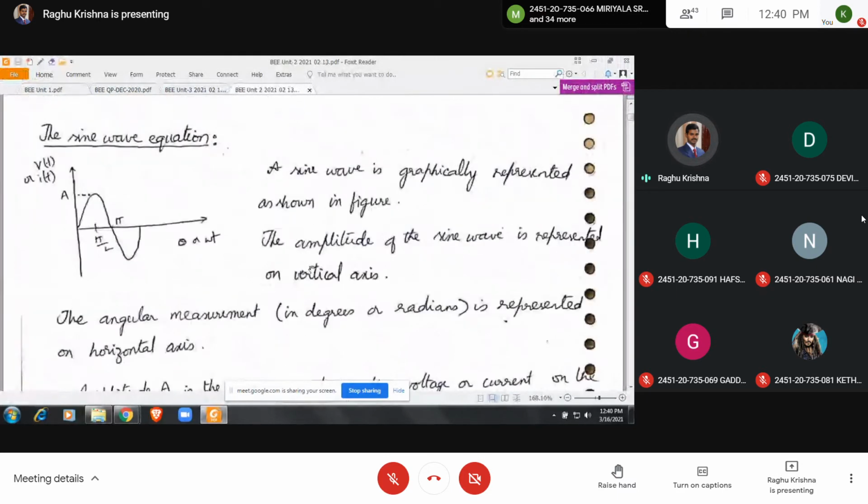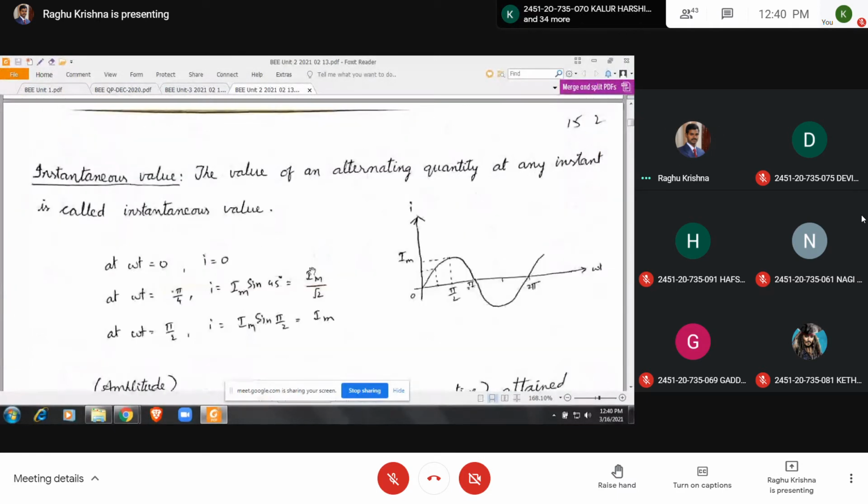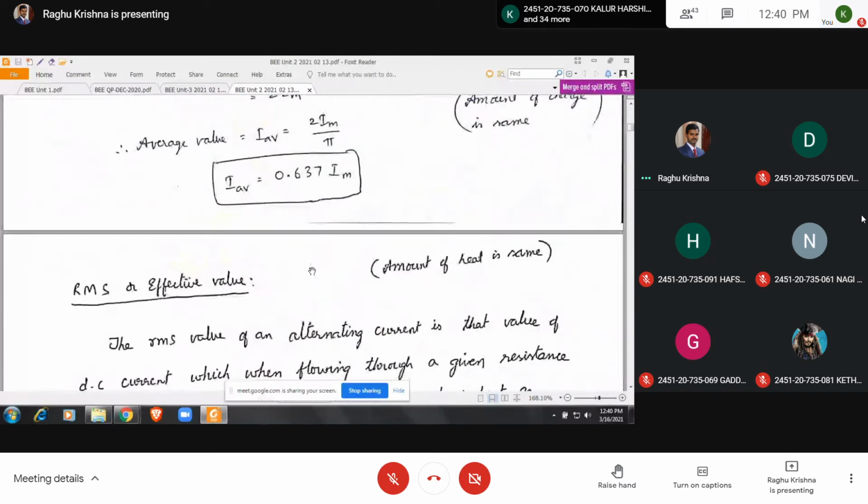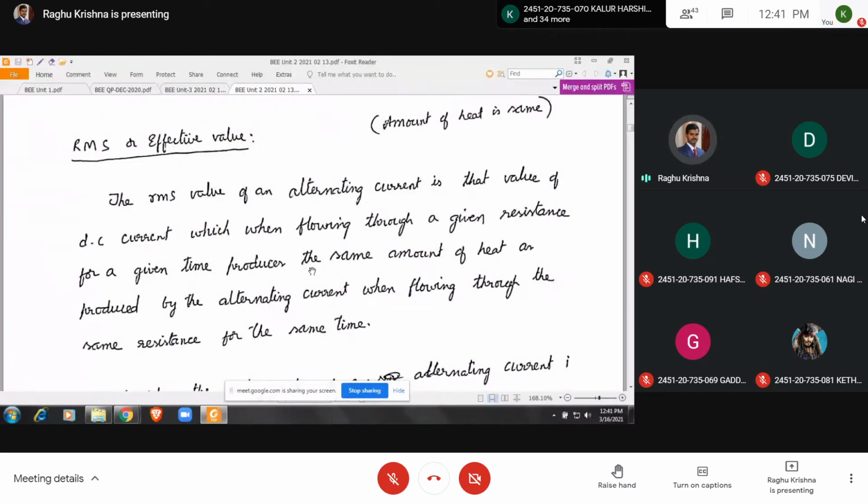So coming to this RMS value, many of you have written this definition in the internal exam. The RMS value of an alternating current is that value of DC current which, when flowing through a given resistance for a given time, produces the same amount of heat as produced by the alternating current when flowing through the same resistance for the same time.